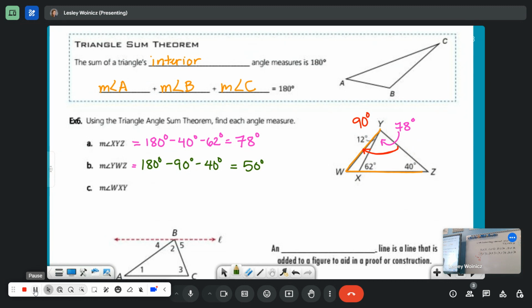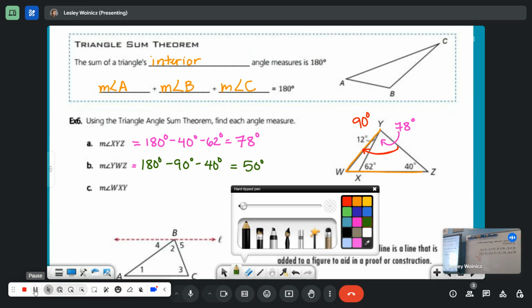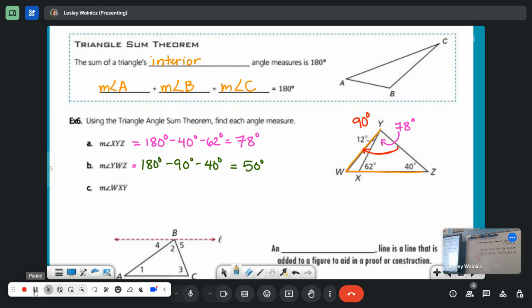WXY. That's this one. The big obtuse angle. I think that was right.